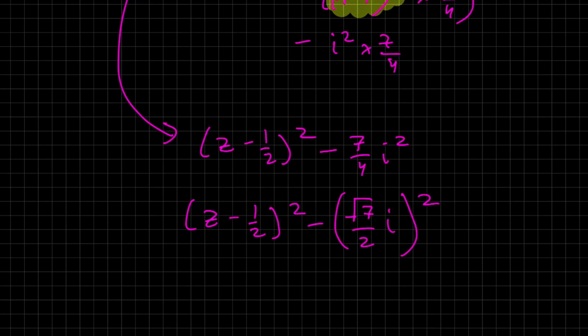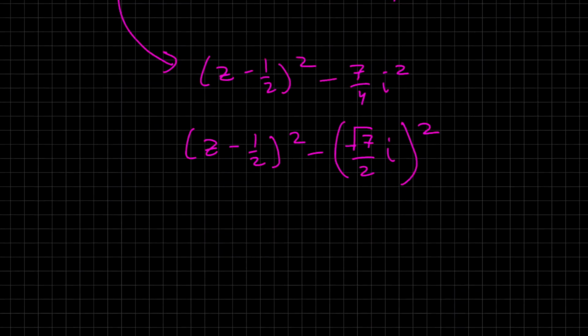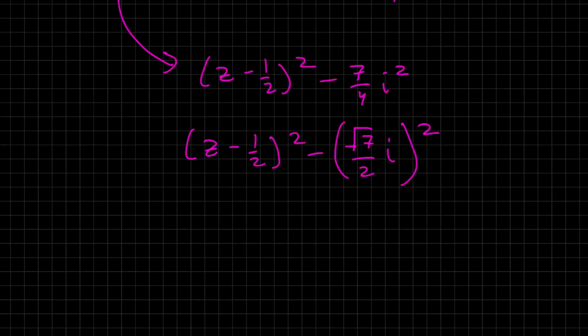Okay, now we can use our difference of two squares to factorize this further. So we know, using our difference of two squares, this being our a squared and this being our b squared, that in factorizing this, we would get a minus b times a plus b.